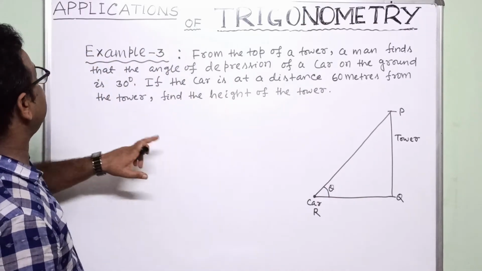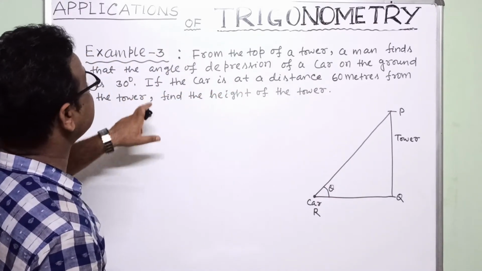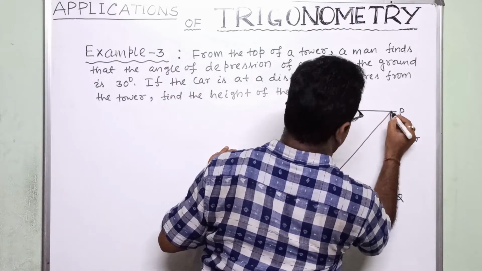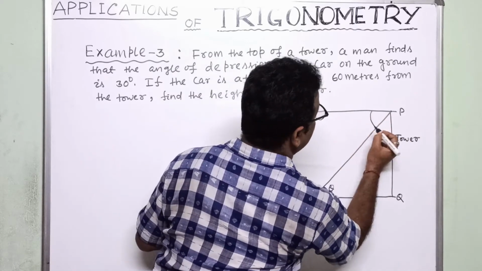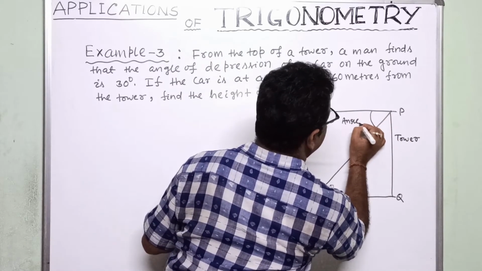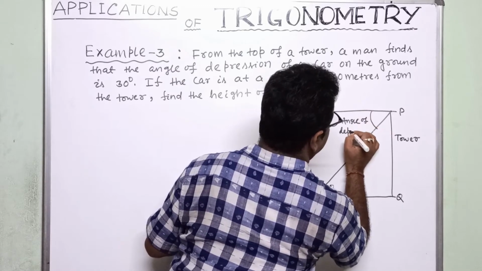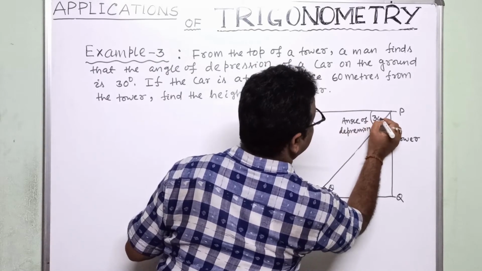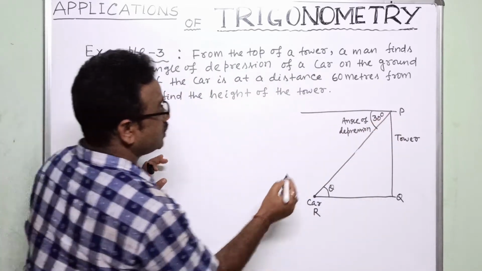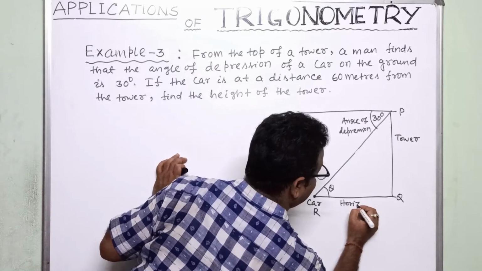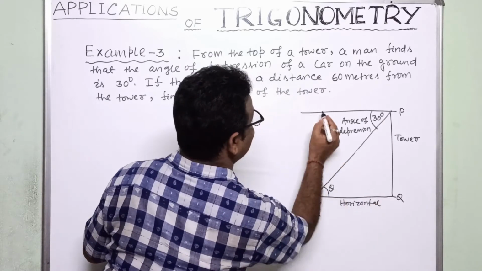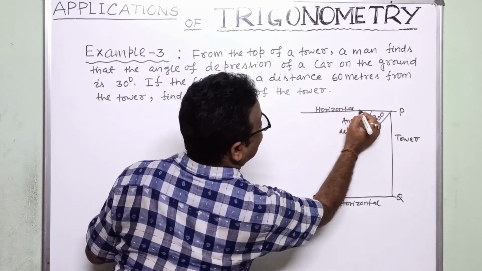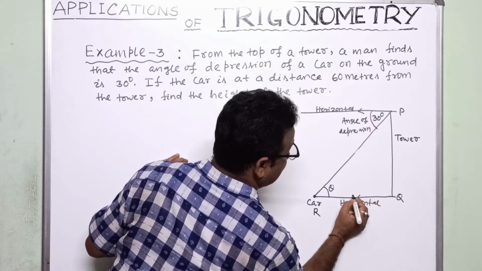So what is given? Angle is 30 degree. Which one? Angle of depression. So this is your angle of depression. That is given, this is your given 30 degree. This is your horizontal. This is also horizontal. And these two are parallel to each other.